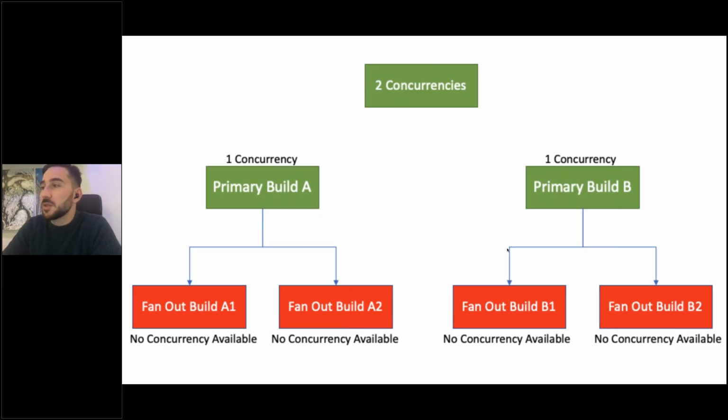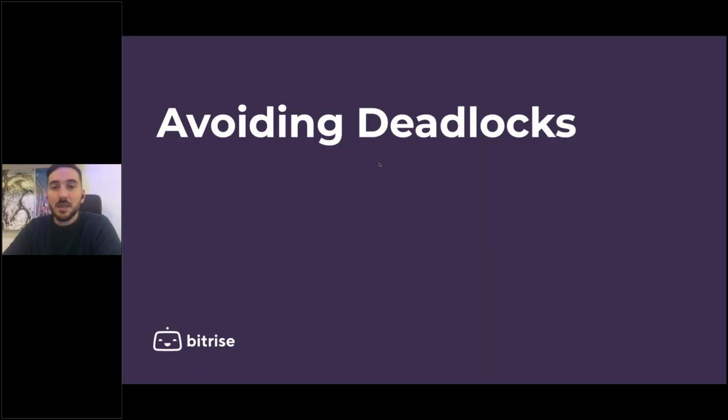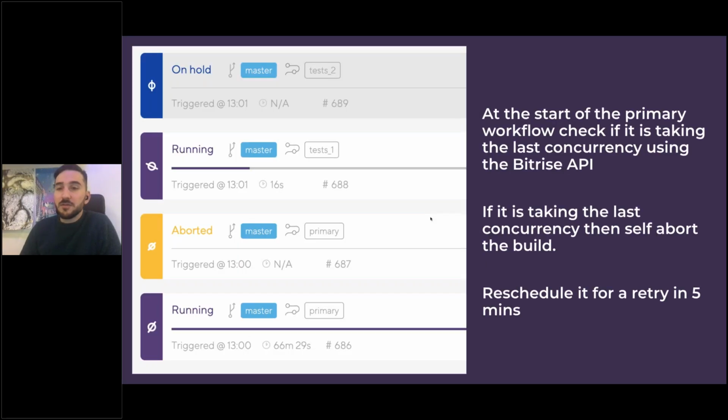So what could be the solution in this case? At the very first step of the primary workflow, it would be possible to simply add a script step that would be checking the Bitrise API to see how many concurrencies are available and how many builds are currently running. This way you would be able to avoid any kind of issues by hitting the concurrency limit.